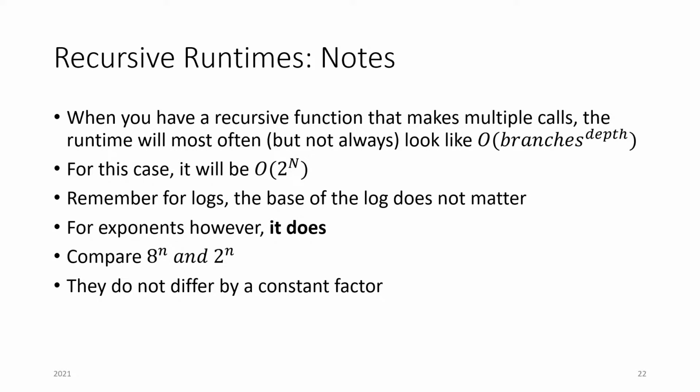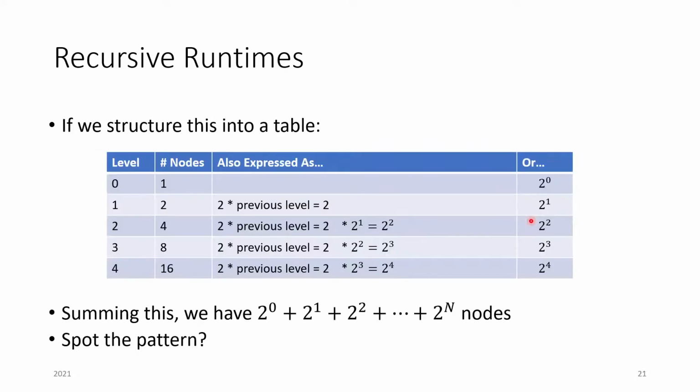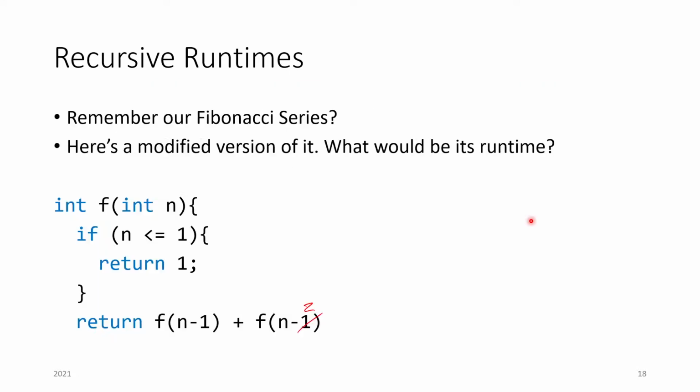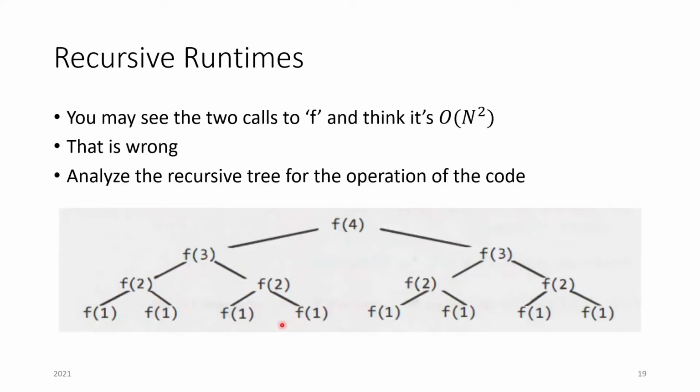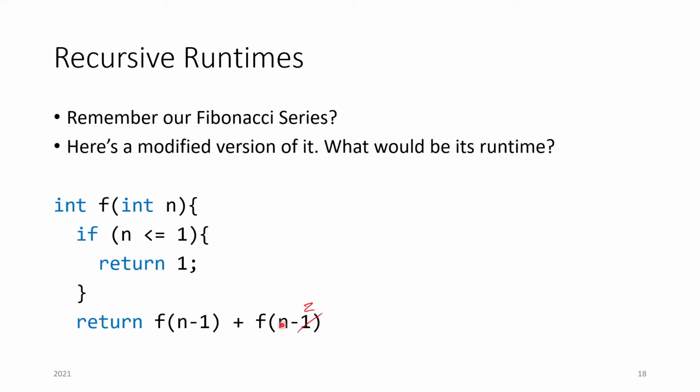Right, there were 2 branches coming from each level here because of the nature of our Fibonacci sequence function, because we had f of n minus 1 plus f of n minus 2 being added all together. Oh wait, no, this is a modified version. Whoops, sorry. So this actually was correct. That's why we had 2 function calls. Alright, sorry about that.